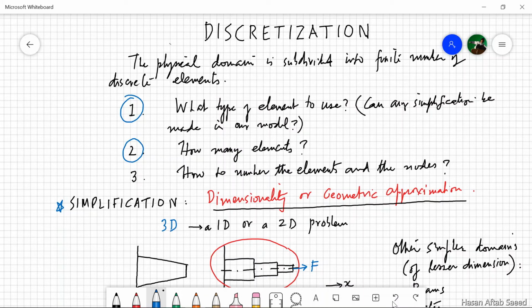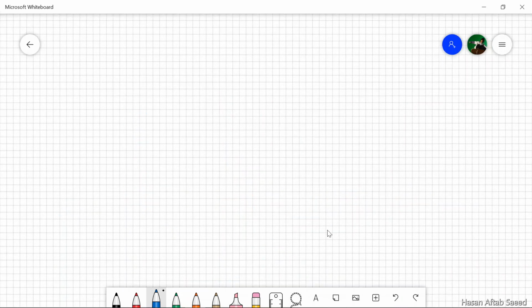Now we take up the last of the questions: how to number the elements and the nodes. Now, first of all, does it make a difference? Well, let's see.